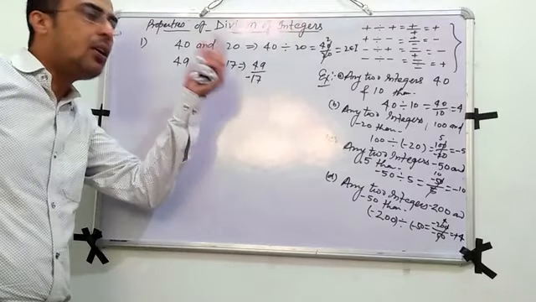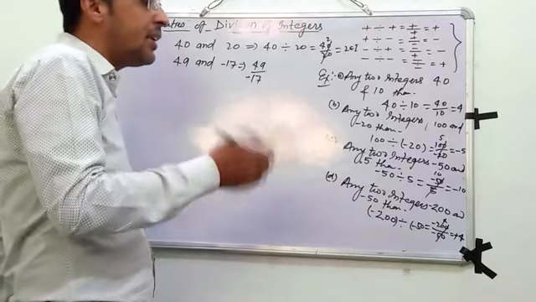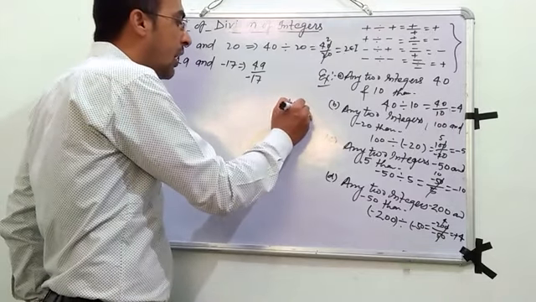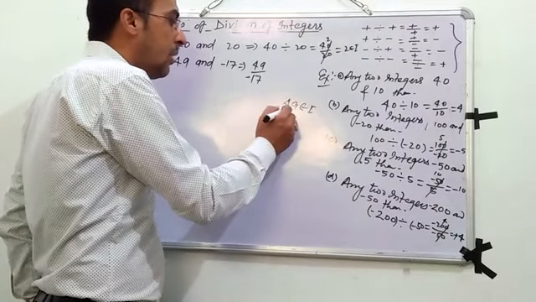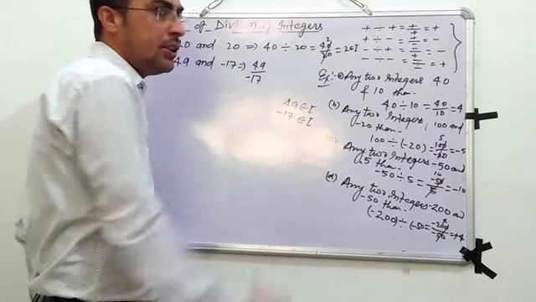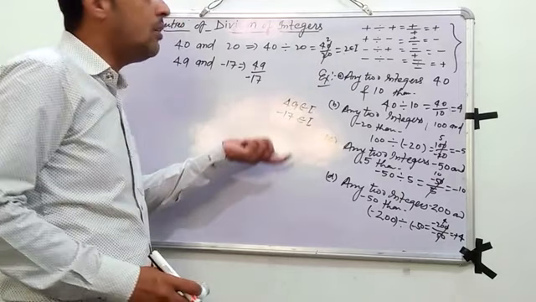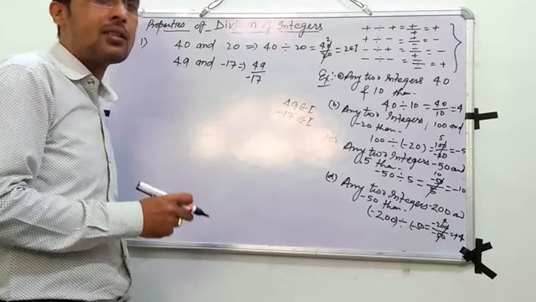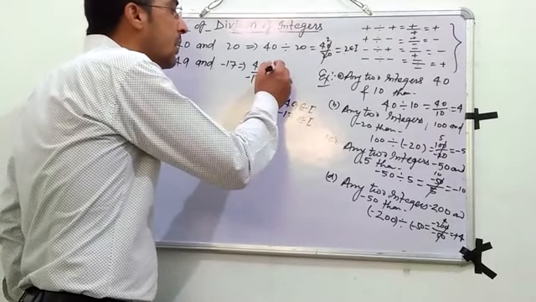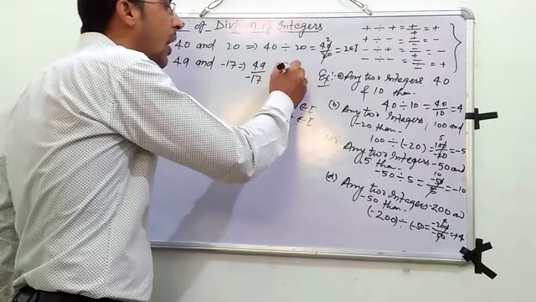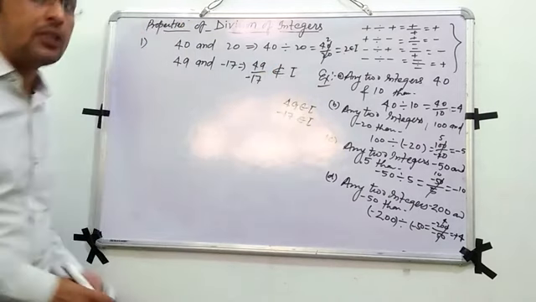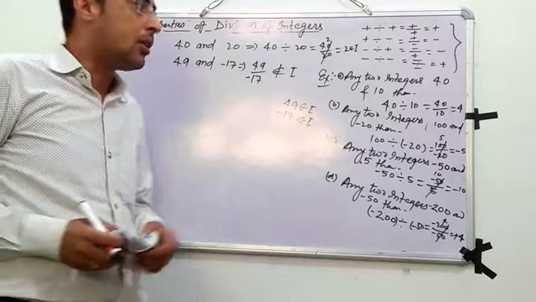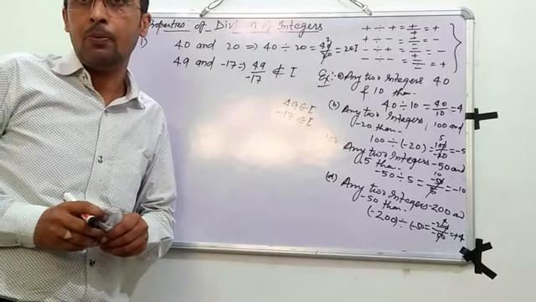But 49 is an integer, and minus 17 is also an integer. Then will their division be an integer or not? We can say that 49 cannot be divided by minus 17 to give an integer. It does not belong to the integers. So in this case the closure property is not true.